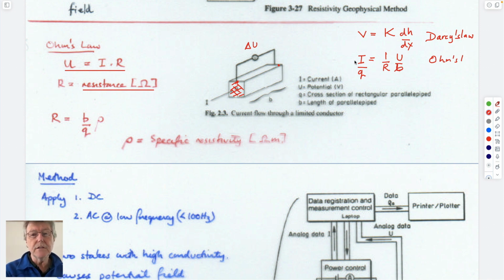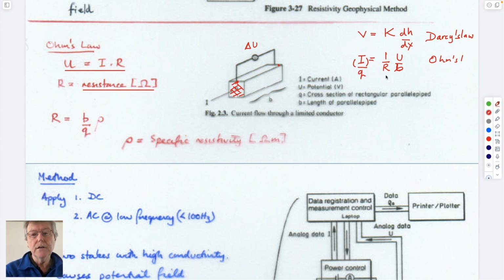Merely to say that the current, which is amount of amperes, I guess, per unit area, is the same as the flux of fluid, the velocity. The potential gradient, the change in head with length, is the change in voltage over the length over which it flows.